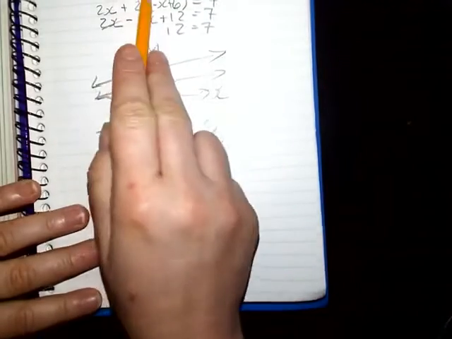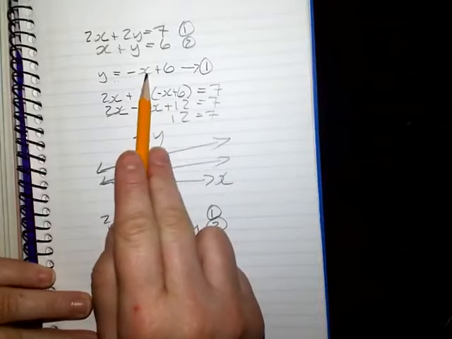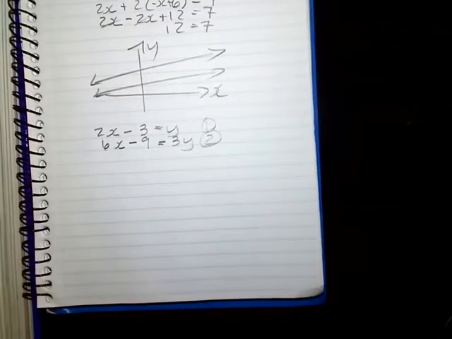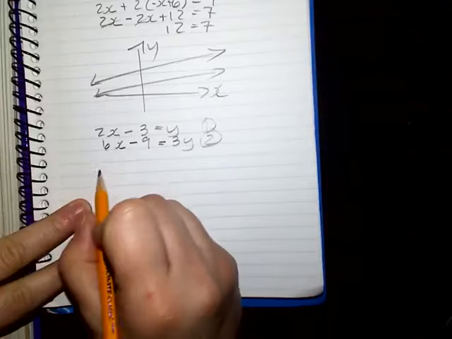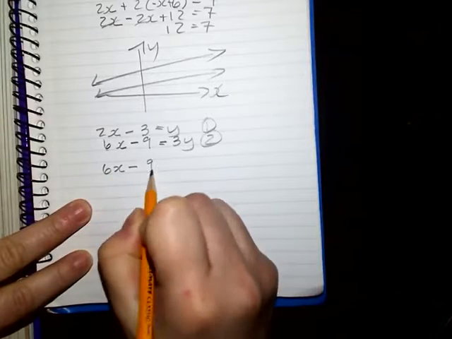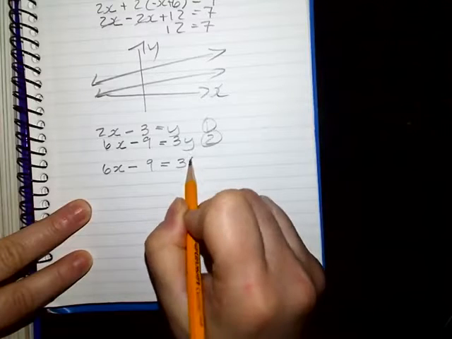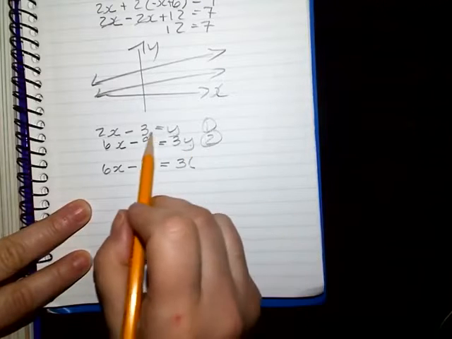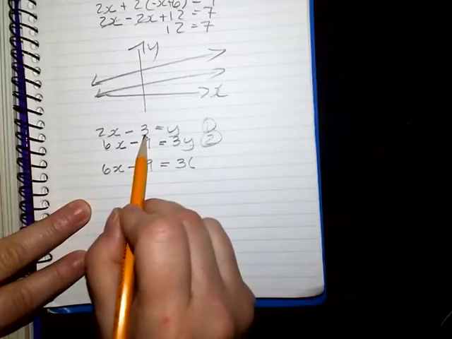Usually we have to rearrange for some y equals or x equals, but in this case they gave it to us. So I'm going to take equation 2, and instead of y, I'm going to write what y equals, which is 2x minus 3.